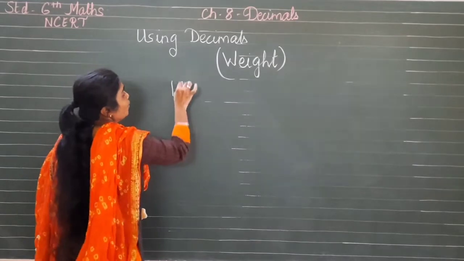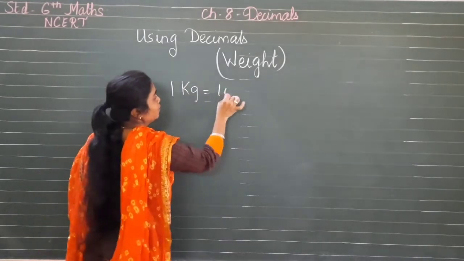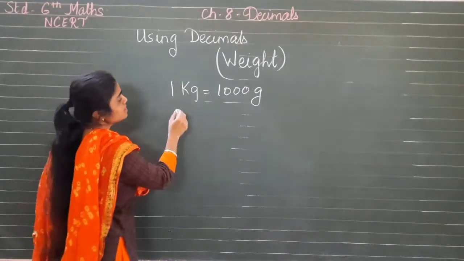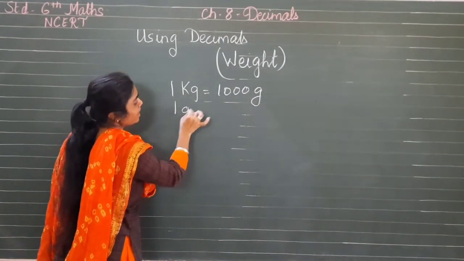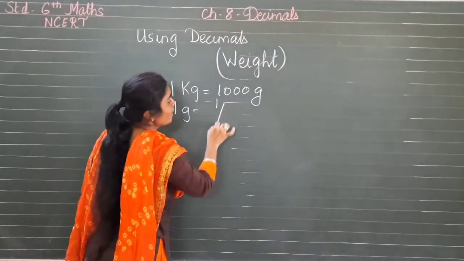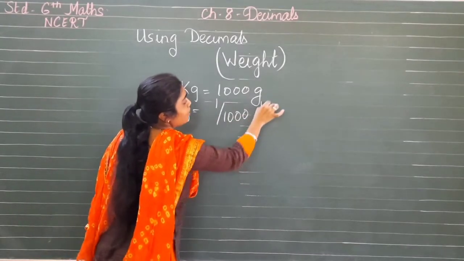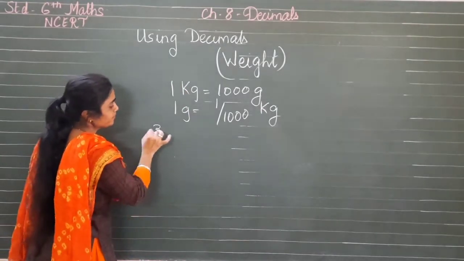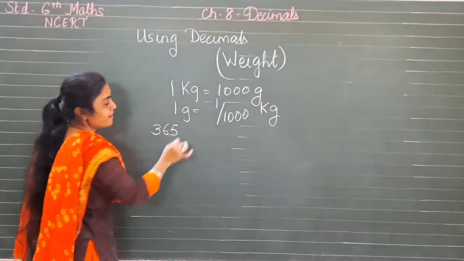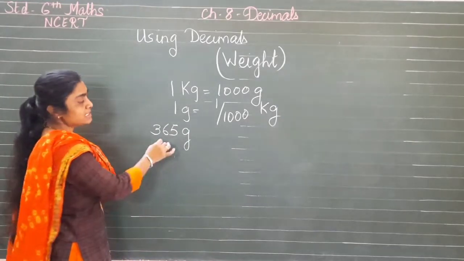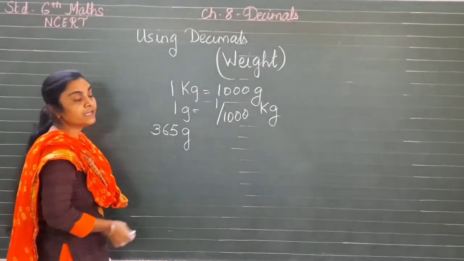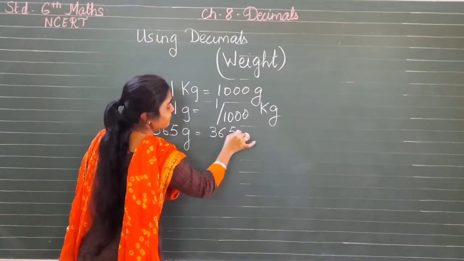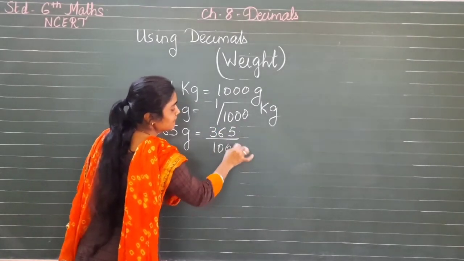Now let us see how decimals are used in weight. We know 1 kg is equal to 1000 gram, so 1 gram is equal to 1 upon 1000 kg. Now let us take one example. 365 gram. This 365 gram we have to convert into kg. So this will become 365 upon 1000.